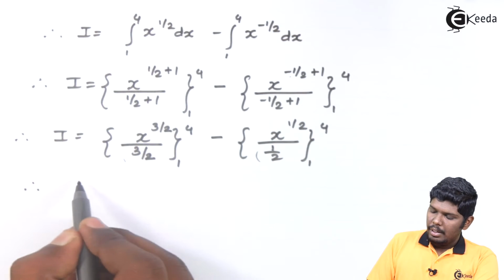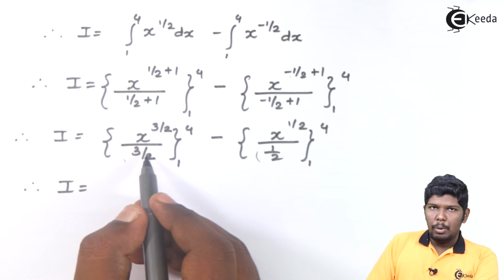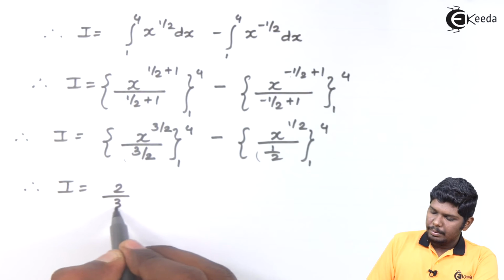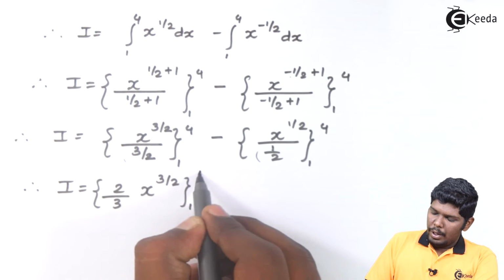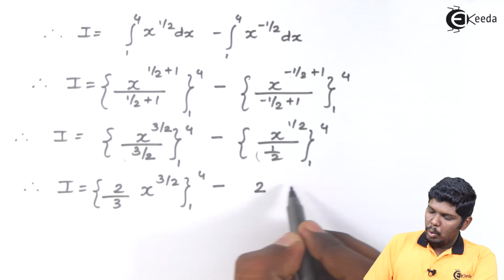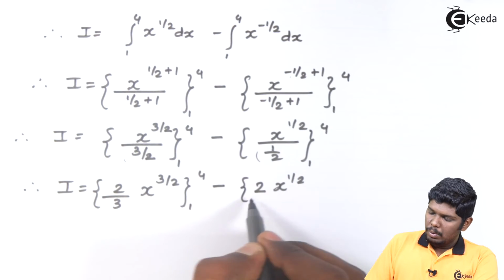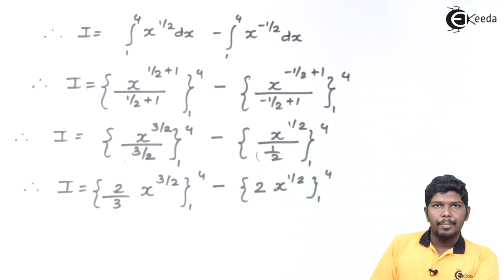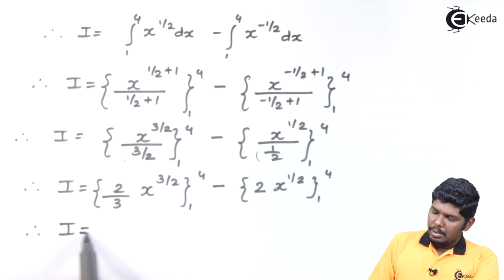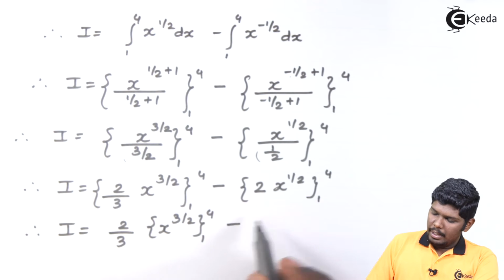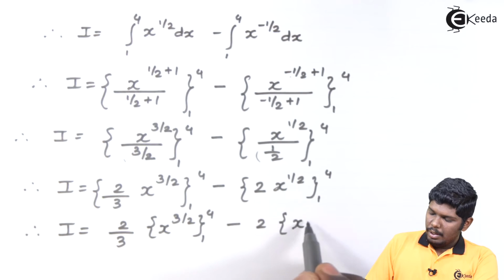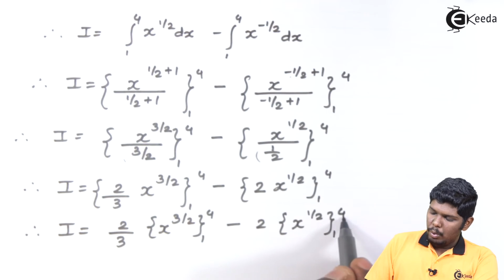Therefore, I is equal to, the reciprocal of 3 by 2 is 2 by 3, so 2 by 3 x raised to 3 by 2 from 1 to 4 minus 2 x raised to 1 by 2 from 1 to 4.